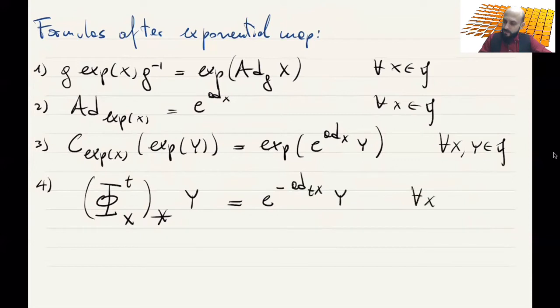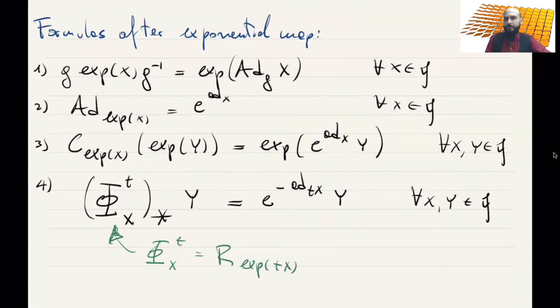This is for all x and y in g. To prove this formula, I'll give you the hint. The hint is that we already observed that this map is equal to the right translation by the exponential of tx. So these are formulas that hold in every Lie algebra of a Lie group.